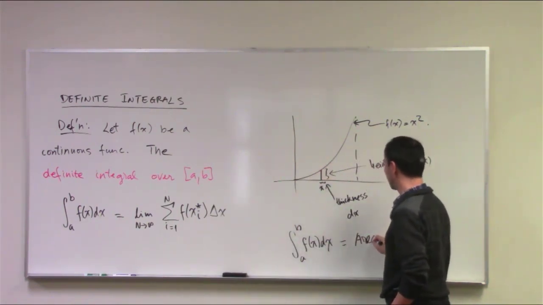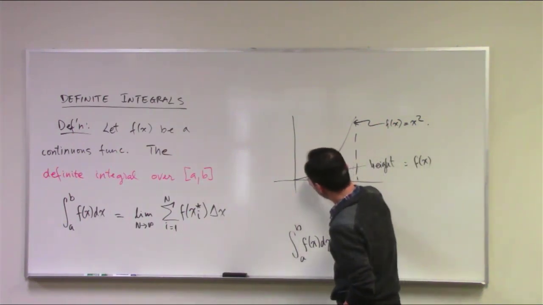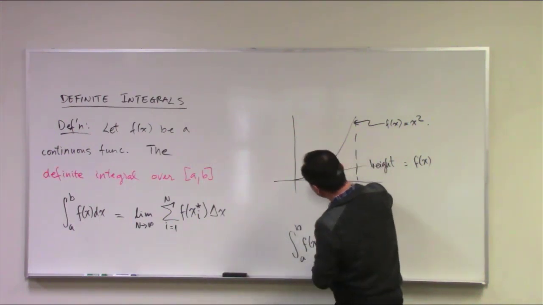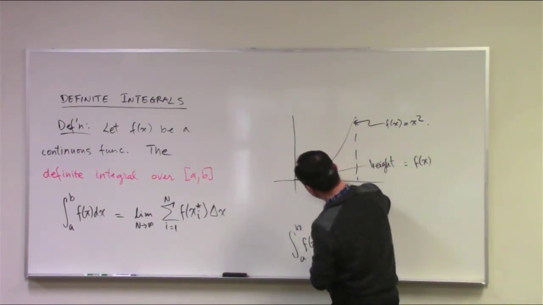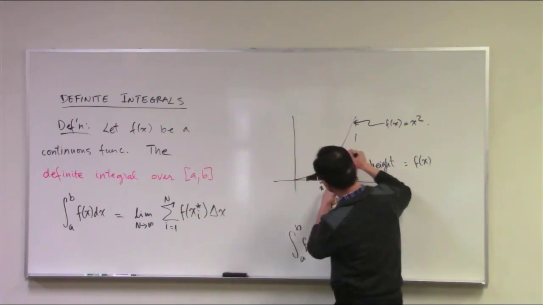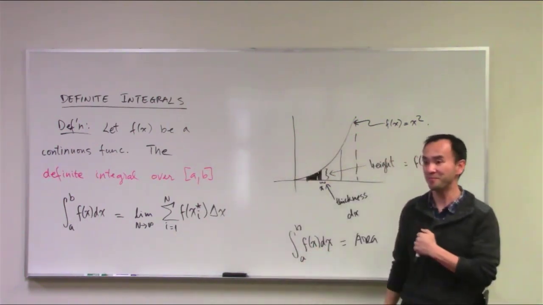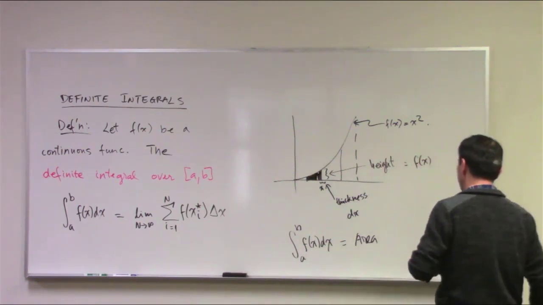One stripe has some thickness, the next stripe over gets thicker, and eventually we keep doing that. You see how I keep drawing those stripes, right? The height of my stripes keeps changing depending on where my x value is, because at a different x value I have a different height of the stripe. So the integral is accumulation.